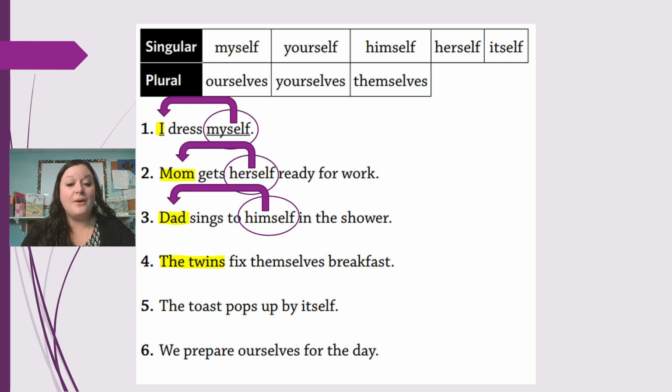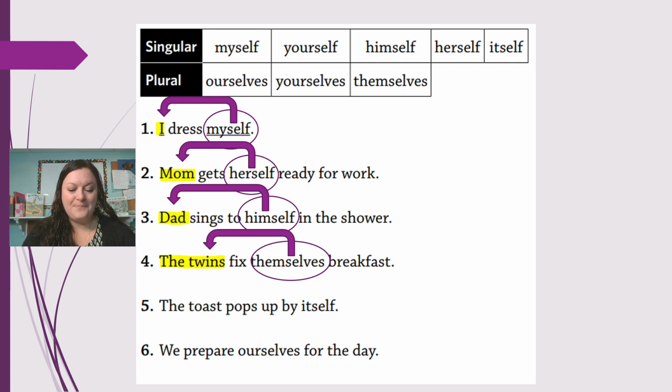Think about who they are getting ready. Did you say they're getting themselves ready? You're right. Themselves is used to refer to the twins. And when we're talking about more than one person or one thing, we can use the word themselves.